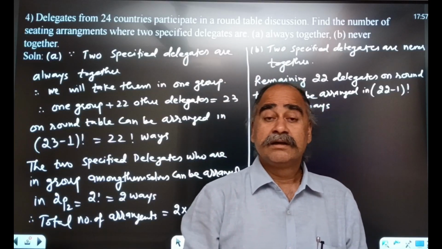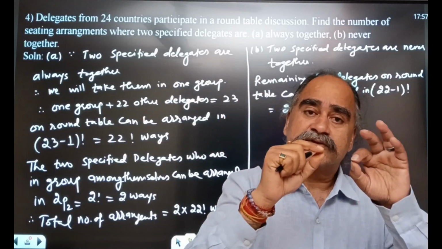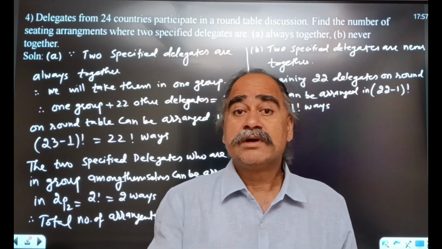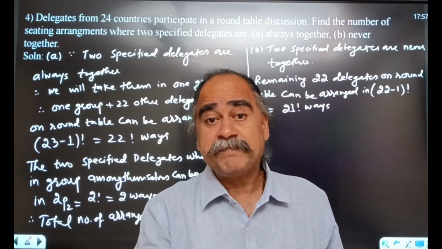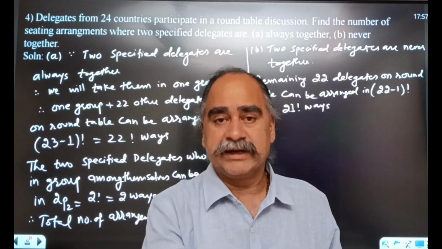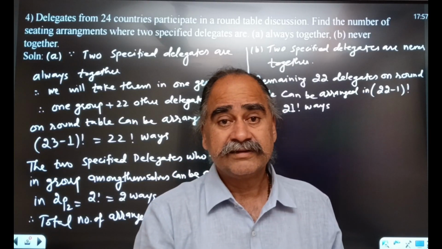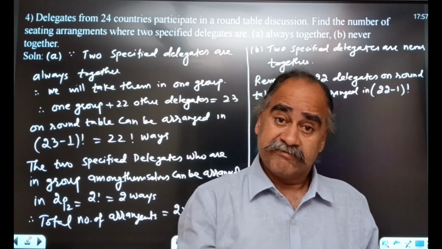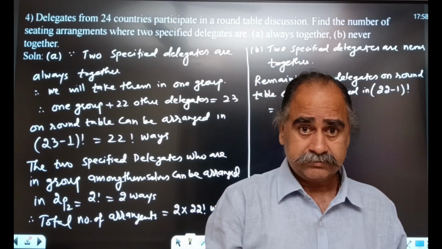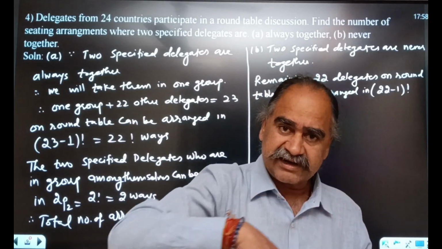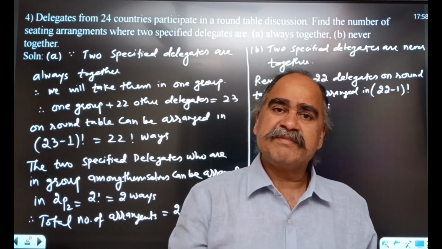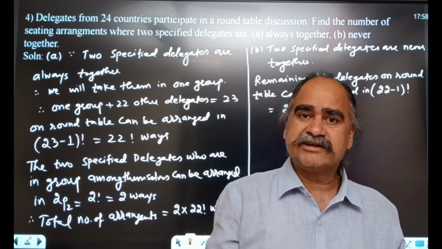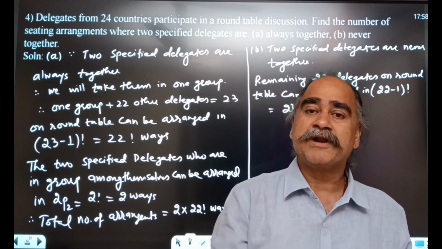Now see, whenever we have to arrange the two delegates in a row, then in a row you will observe 23 places, meaning 22 plus 1, 23 places for the two specified delegates where they are not together. But when you are arranging on a circle, then it will be the same number of places, neither more nor less. It will be exactly 22 places.